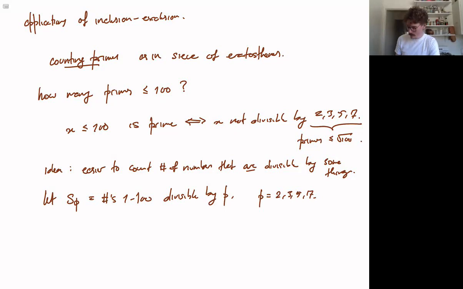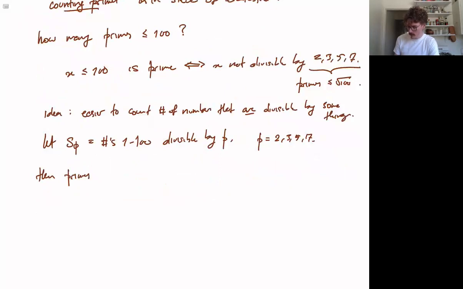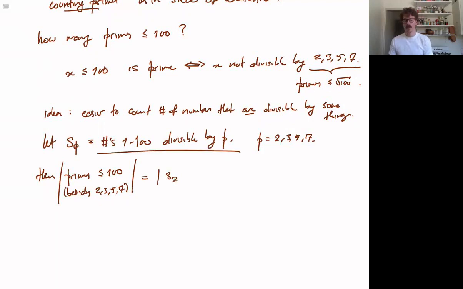Then the number of primes less than or equal to 100, besides the ones that we're choosing out, the cardinality of this set, is equal to the cardinality of S2 complement, so the numbers that are not divisible by 2, intersect S3 complement, so now this is the numbers that are not divisible by 2 nor by 3, intersect S5 complement, intersect S7 complement.